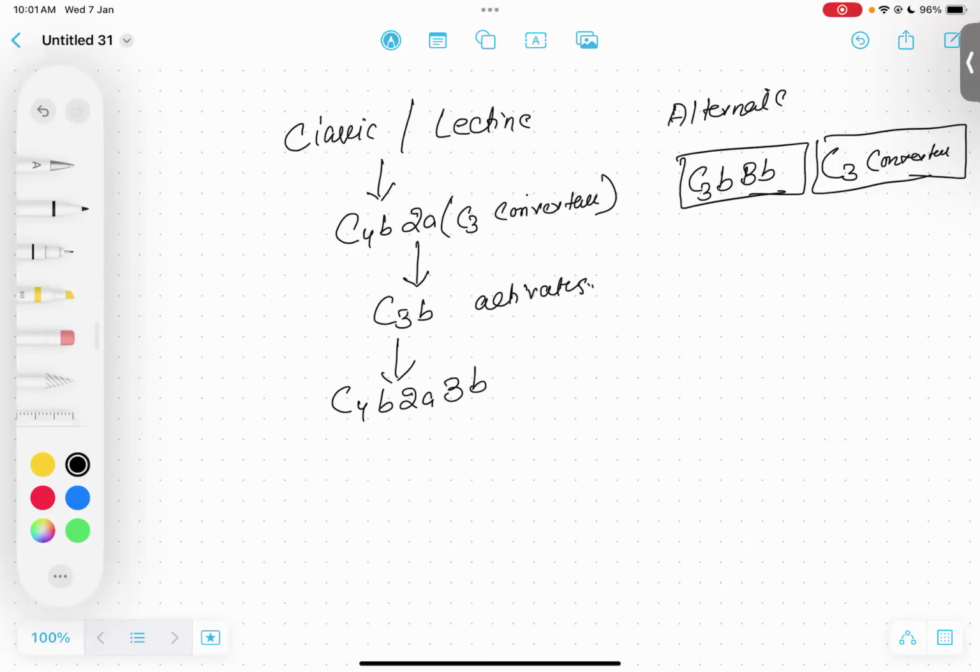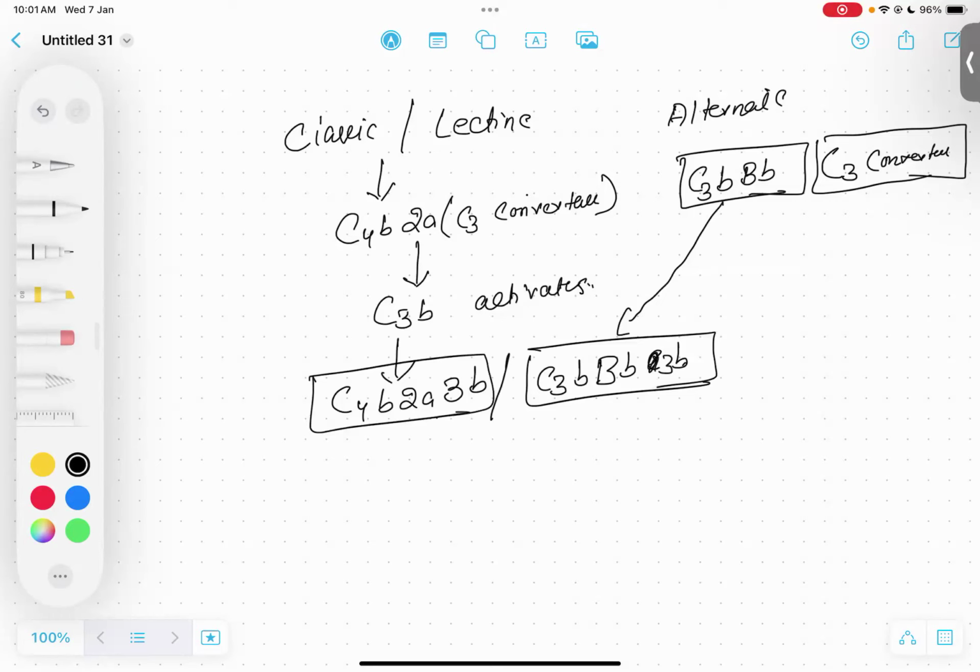This will again be activated in this manner, like C3b, Bb, C3bBb3b. So these both will then activate.